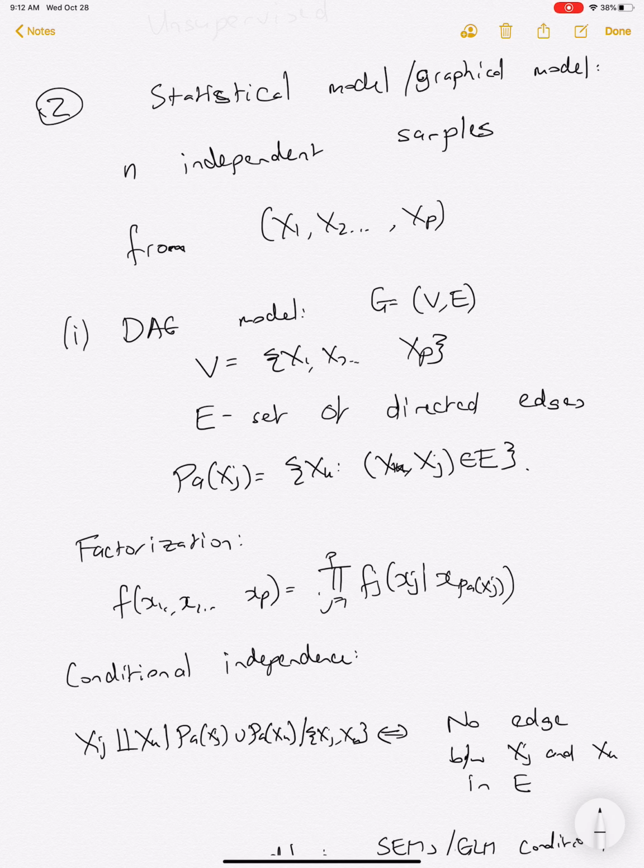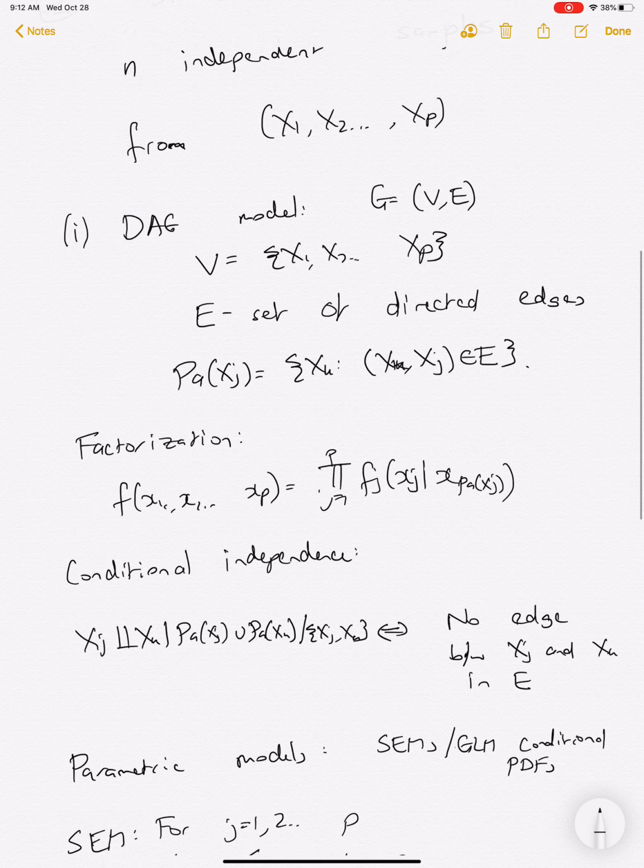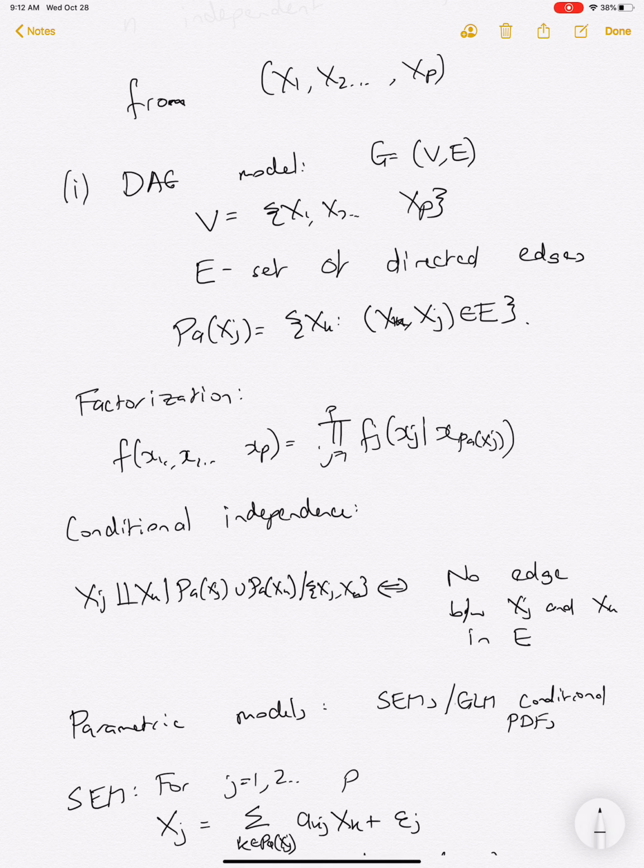There are a couple of ways we learned to characterize that. The first was through the factorization. Knowing the parents, you could define the joint PDF in terms of the conditional PDFs of each of the p nodes given the parents of that node, and that defined the overall distribution.